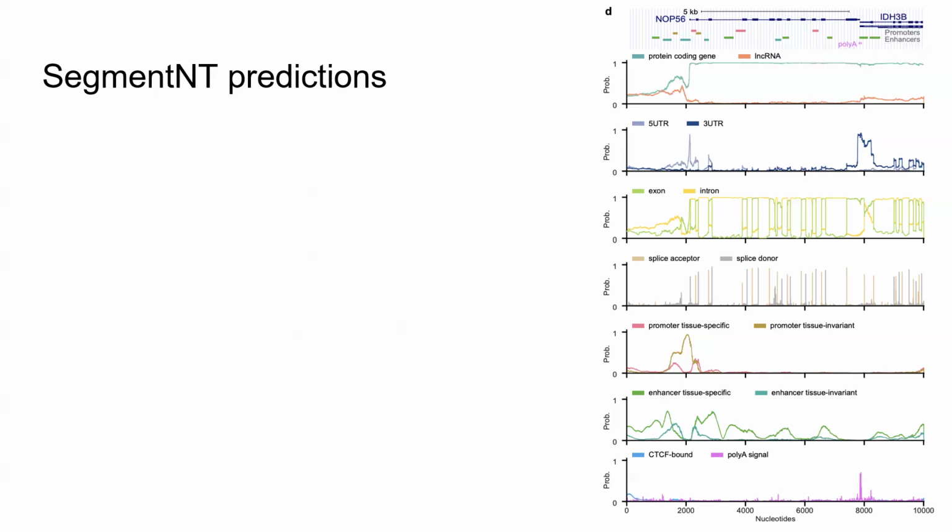Because if you have two splice donors very close to each other, now you have to figure out which is the real one, which is the one that's actually going to be used. So it's a slightly harder problem and potentially more useful problem. So they perform quite well on that.